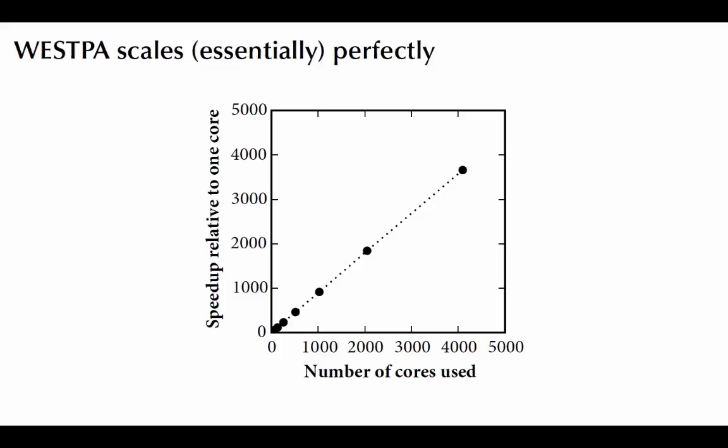For the simple reason that the dynamics we're running are expensive, the weighted ensemble algorithm itself is not expensive. So you download WESTPA, you download Anaconda, you get it running on your favorite supercomputer, and you just keep scaling until you run out of cores to run on.